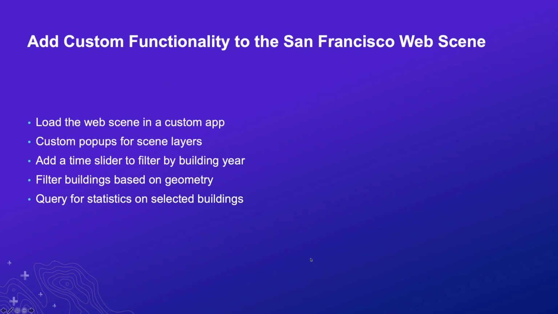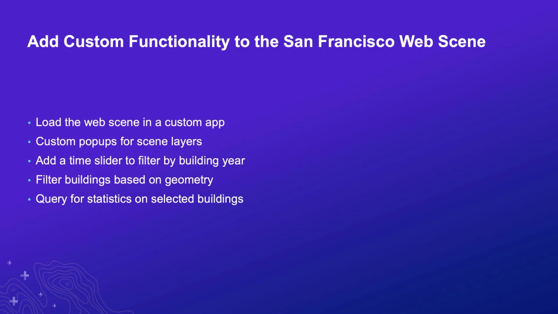So let's look a bit at the features that I am using for this app. First of all, I am loading the web scene in a custom app, and we're going to be looking into that. Then the default pop-ups for layers are usually, you probably know this table, so we're going to want to customize that using the API.